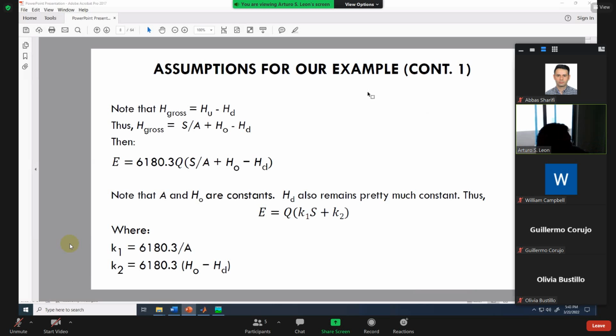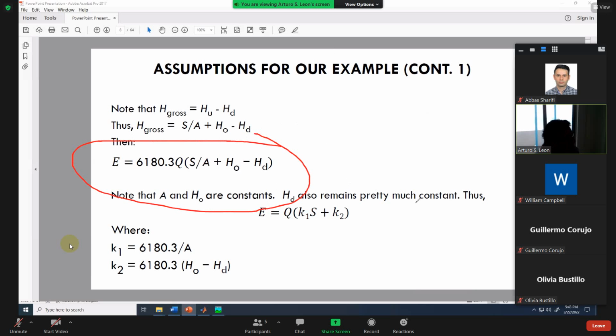And then we can express this as a function of the storage, because I am assuming that my storage is rectangular. If the storage is rectangular, the storage will be the area times the head above the bottom. Then if you do that, you can have this equation.